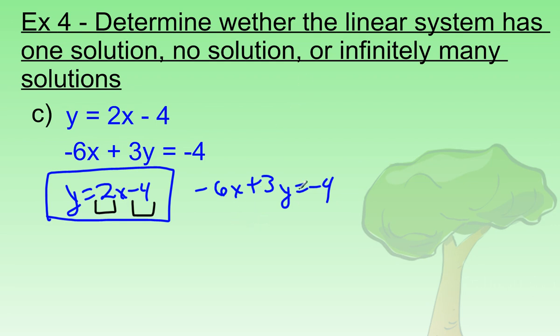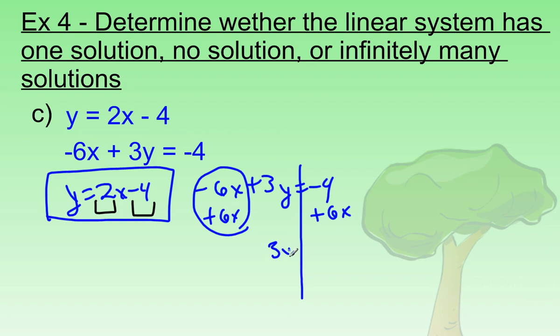Second equation, we're going to solve for y. So I'm going to add 6x to get rid of the -6x. 3y equals 6x minus 4. Divide both sides by 3. And y equals, that gives me a 2x.